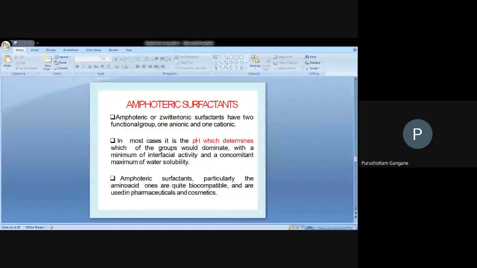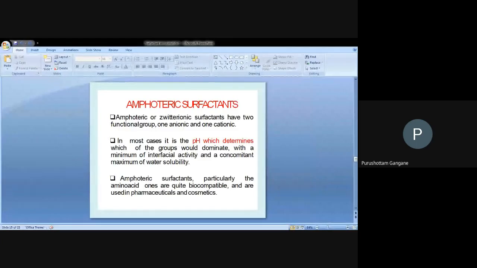The last category are the amphoteric surfactants. As I already told you, depending on the situation, they may change their polarity. Okay, they may act as an anionic or they may act as a cationic. And it mostly depends on the pH. Depending on the pH, they can decide their action, whether to become anionic or cationic.